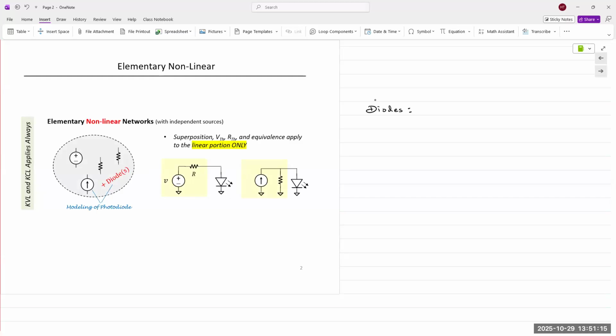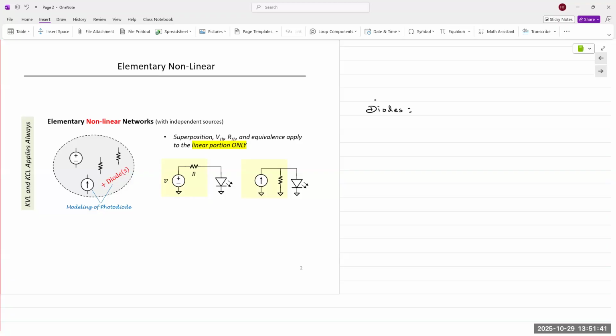Diodes also come under the purview of semiconductor electronics. It's a one-way device, conducts current only in one direction. In the other direction, it is off. So in one direction, it's on. In the other direction, it's considered to be off. Those are the nonlinear devices.